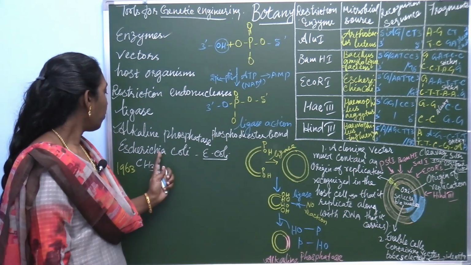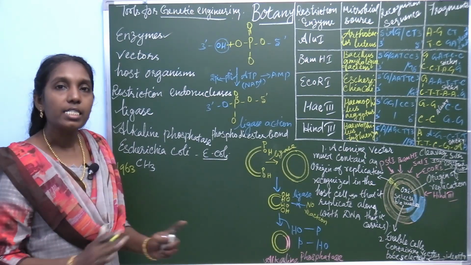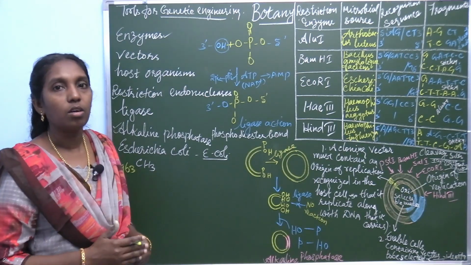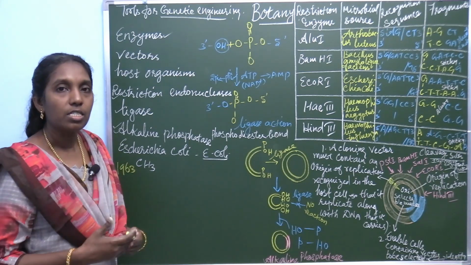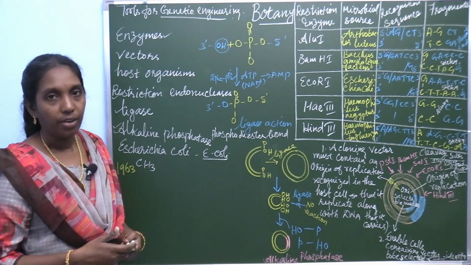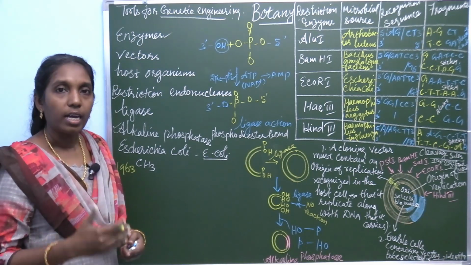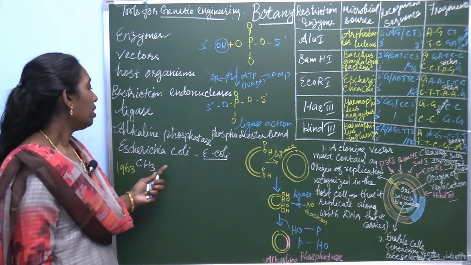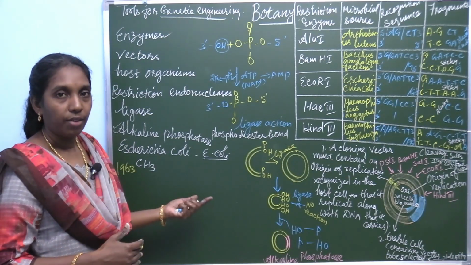These types of enzymes, restriction enzymes, restrict the growth of foreign invaders, that is disease causing microbes, bacteriophage. What is bacteriophage? The virus which attacks bacteria. Here the E. coli bacteria is attacked by bacteriophage.